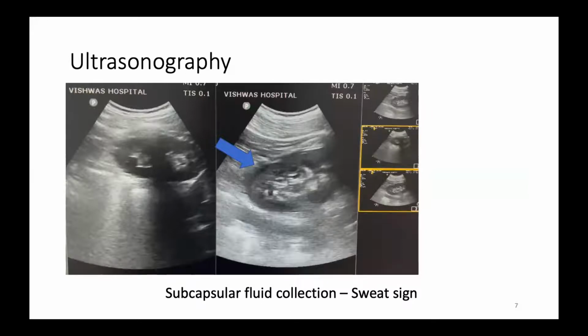If you look at the image here, compared to his right kidney, in the left kidney there was some increase in the echogenicity also. So this perirenal subcapsular fluid collection is known as wet sign, and it is seen in cases of prolonged severe nephrotic states, in which case it is usually bilateral, and it can also be seen in cases of renal vein thrombosis.